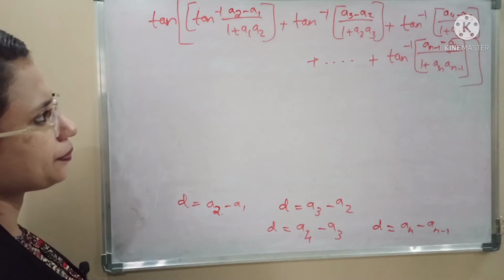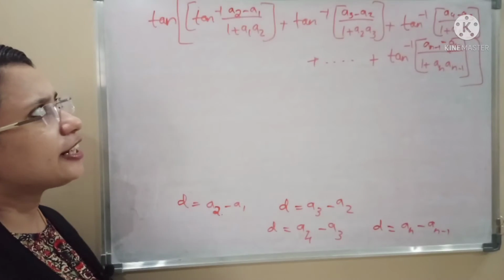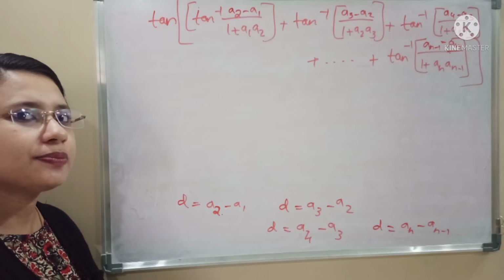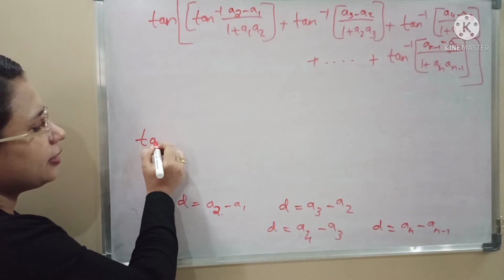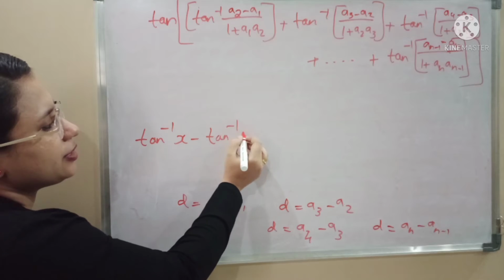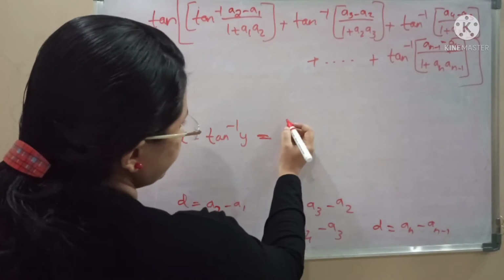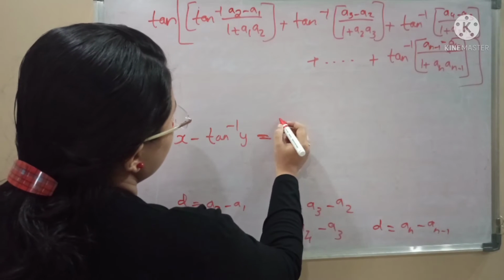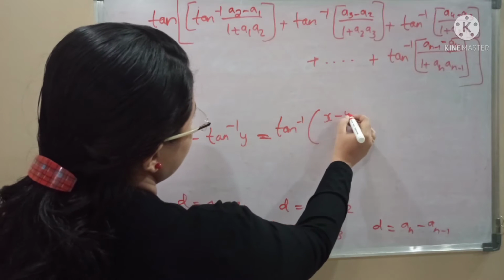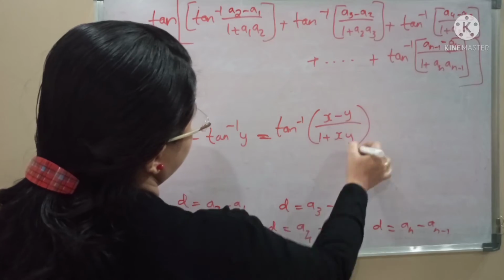Okay. So is there any equation or formula related to that? We have tan inverse x minus tan inverse y equals tan inverse of x minus y divided by 1 plus xy.